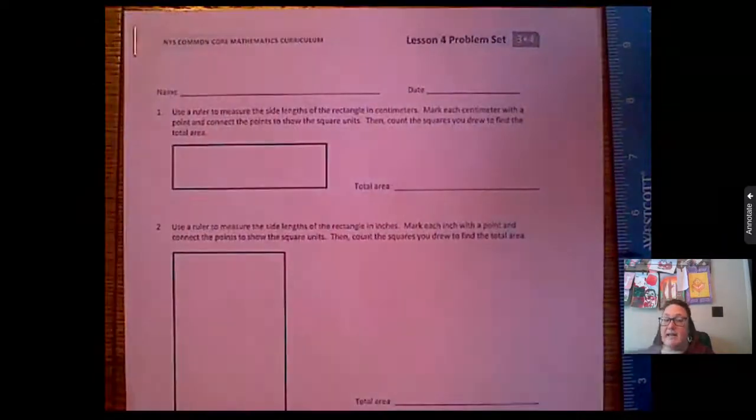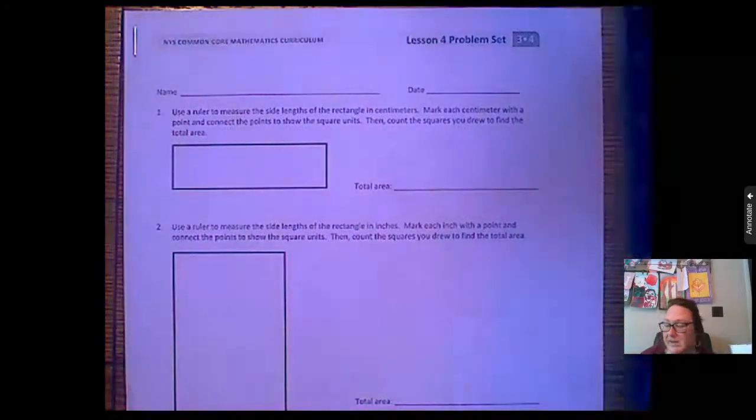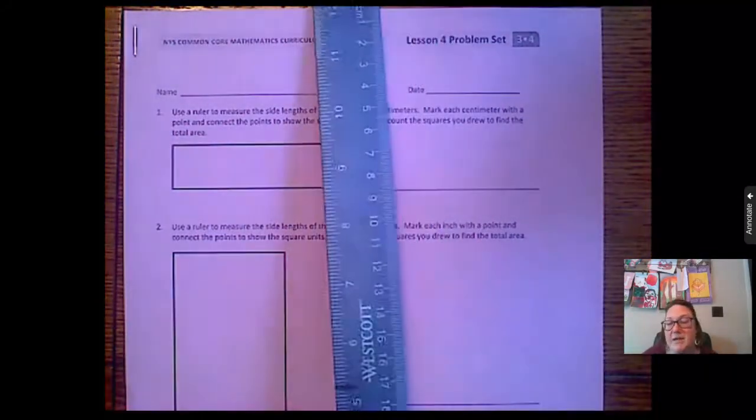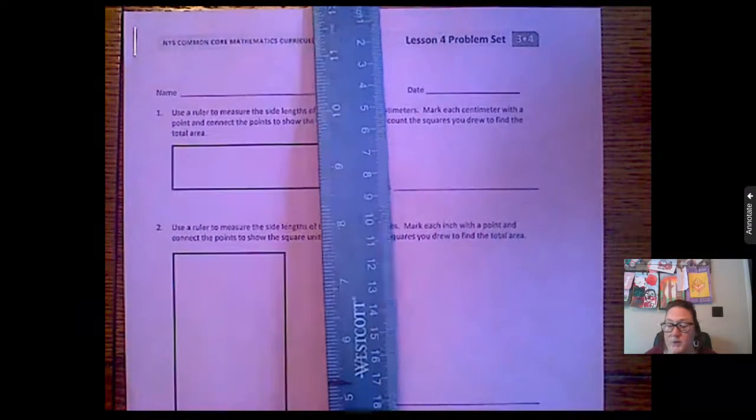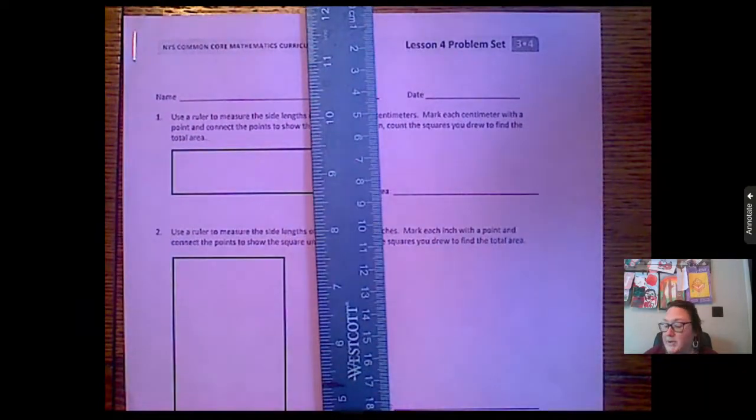And the other thing that you need today that'll be different and fun is a ruler. Make sure that if you don't already have your ruler ready today, you need it to have inches and centimeters. So you need your lesson 4 problem set, a pencil as always, and a ruler with both inches and centimeters. If you need to pause your video to get those materials, go ahead and do that, and I'll see you in a second.